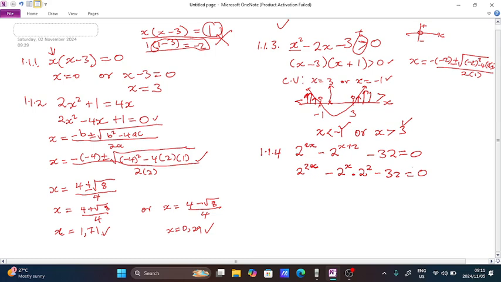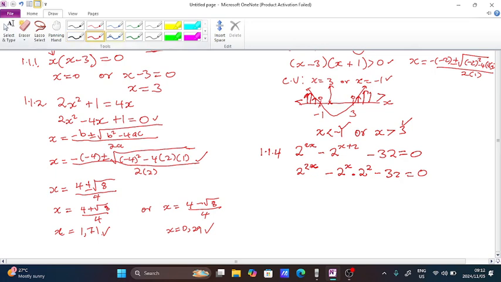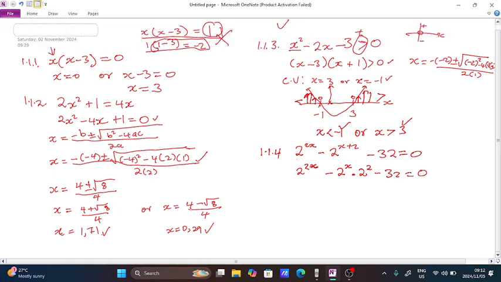Now I want each one to have an exponent. But here, how many terms are there? 3. Normally if there are 3 terms, we can do factorization. We must also check this part. You see the value here, this is 2 and this is 1.